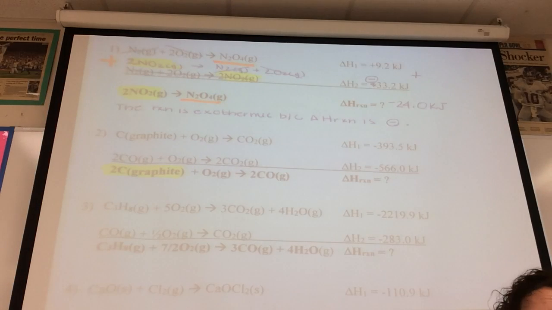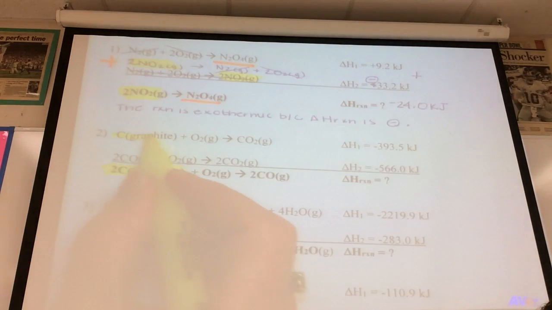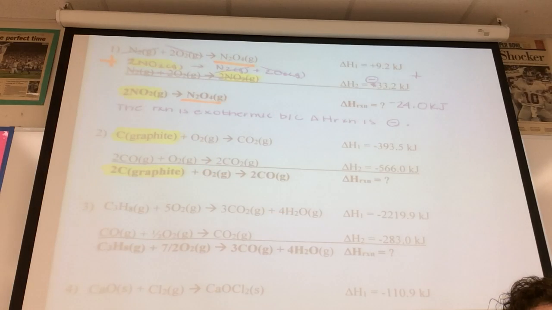Where is it? Where is it? Anybody with a pulse? Hannah. On the reactant side of the first. So it's on the correct side, but what's it missing? A 2. So should I just put a 2 here?